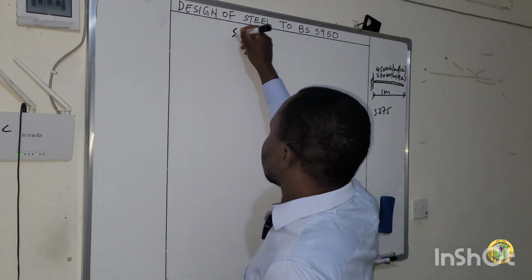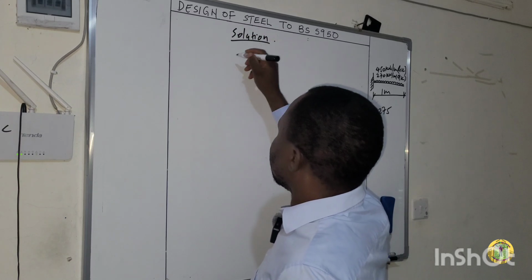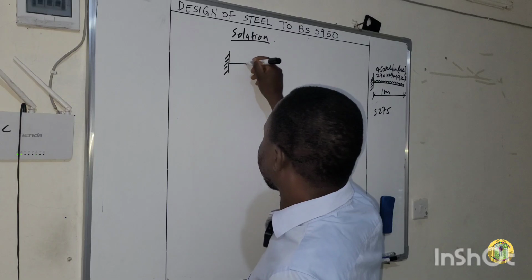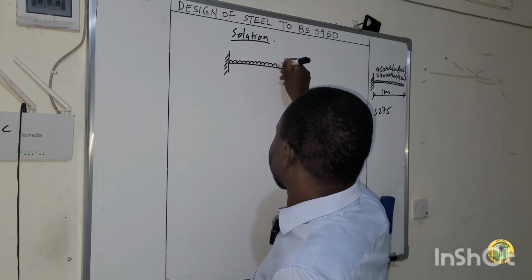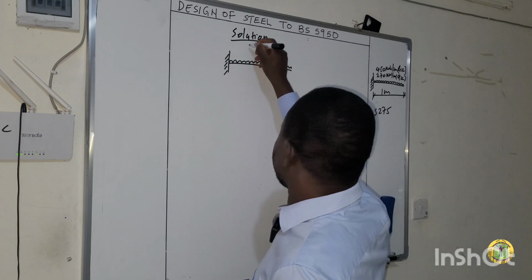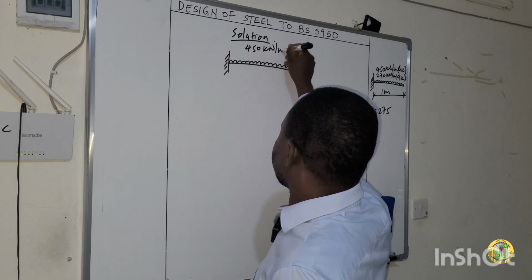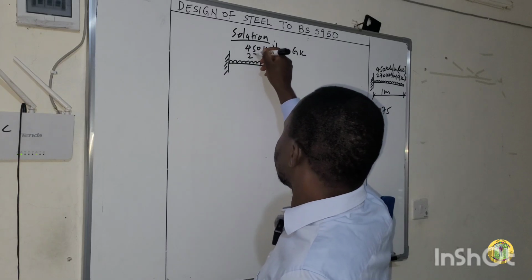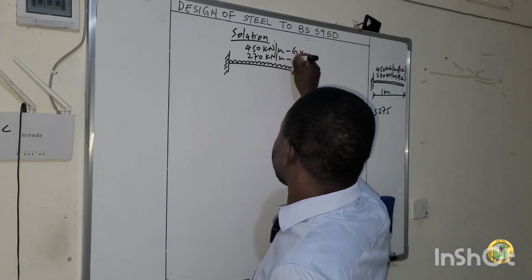So solution. This is our beam, our cantilever beam. The loading is 450 kilonewton per meter. This is GK, and 270 kilonewton per meter.